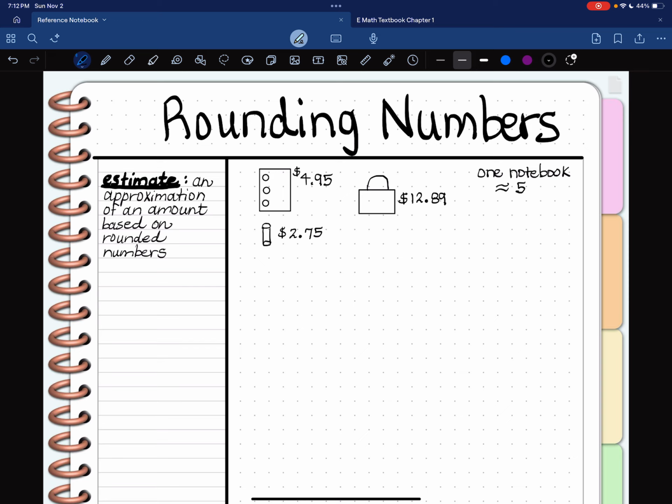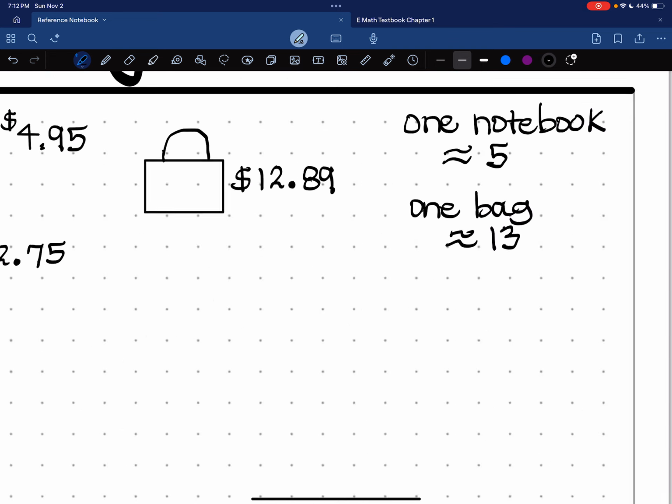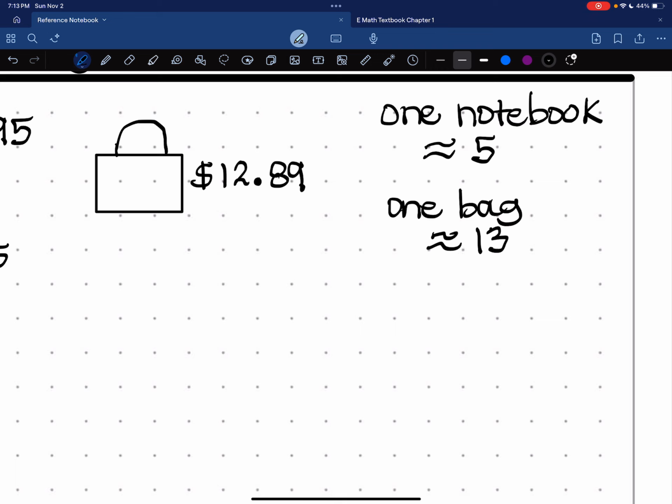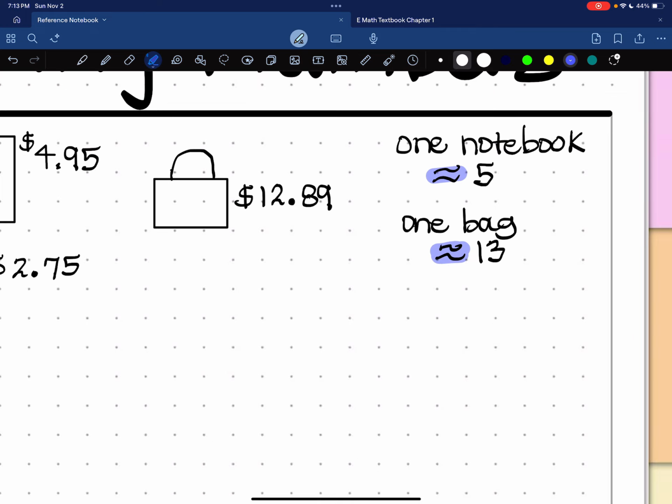Okay, let's say that I want to buy one bag, and that's $12.89, so I'm going to say that that's approximately $13. And you see the squiggly equal sign? That means that rounding has occurred. So if you see that squiggly equals, that is telling me that it's not an exact answer, it's an estimate.